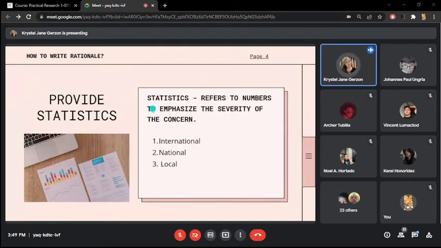Then provide statistics. Statistics refers to the numbers that would emphasize the severity of the concern. Going back to the example earlier, I gave you online game addiction as an example.